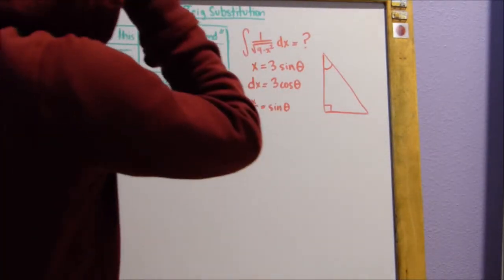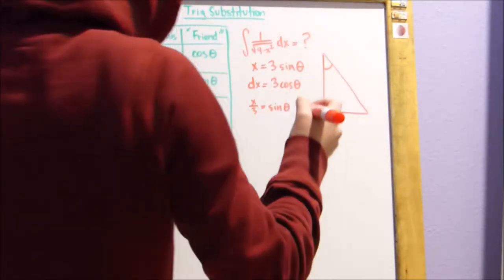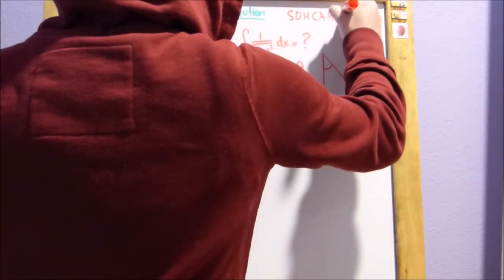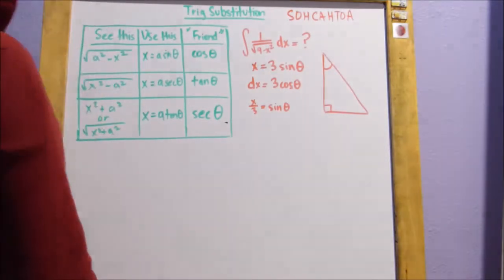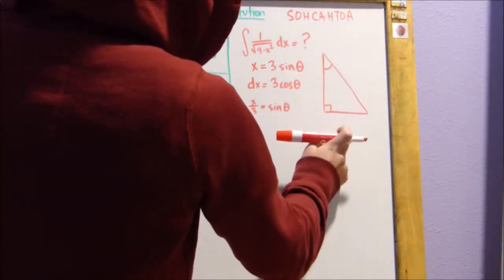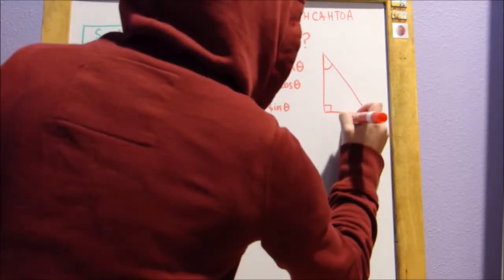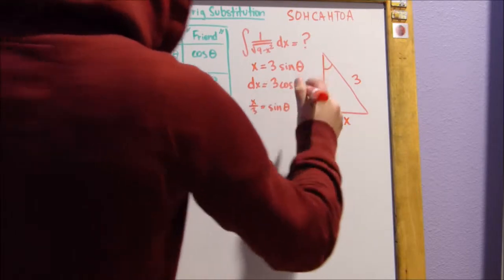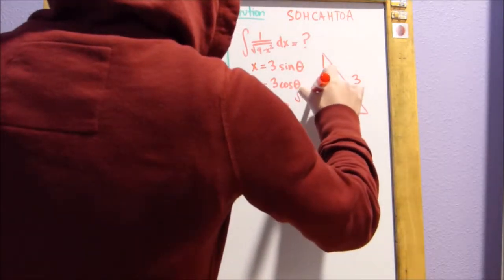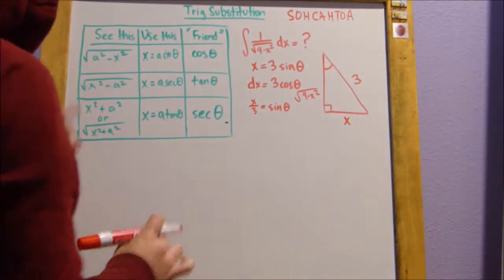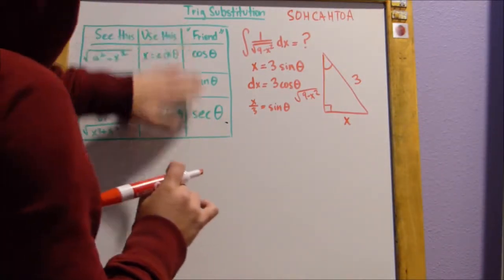Using the previously known SOHCAHTOA rule that I learned in geometry, sine is opposite over hypotenuse. So this side is going to be x and this side is going to be 3, which leaves this side to be the square root of 9 minus x squared. Right? Pythagorean theorem?